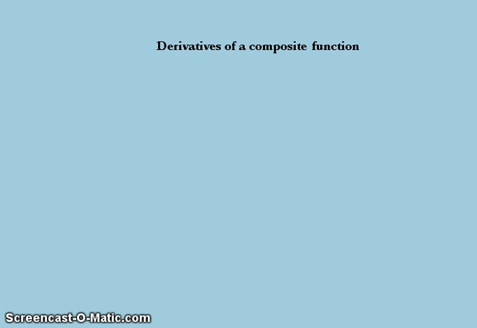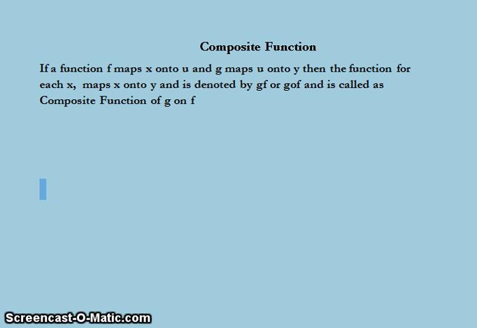Now let's discuss the derivatives of a composite function. Before that, let us first discuss the definition of a composite function. If a function f maps x onto u and a function g maps u onto y, then the function maps x onto y and is denoted by gf or gof and is called the composite function of g on f.